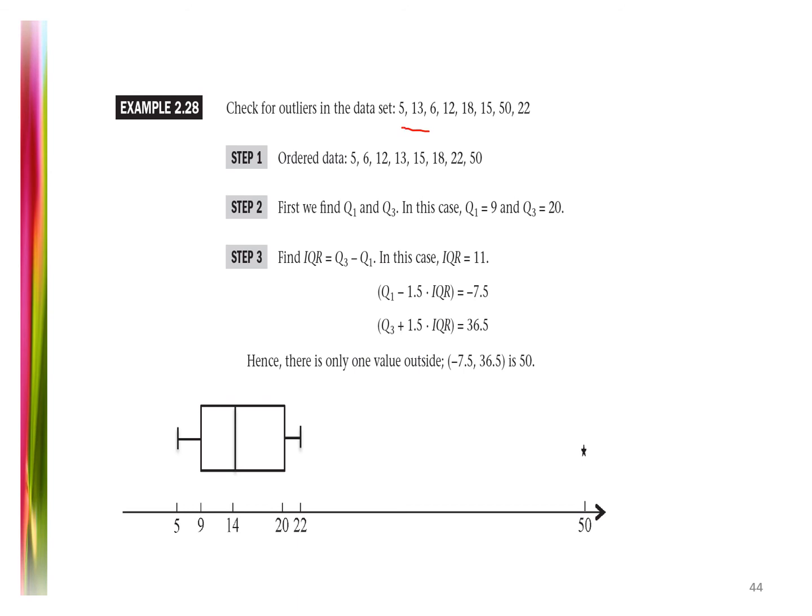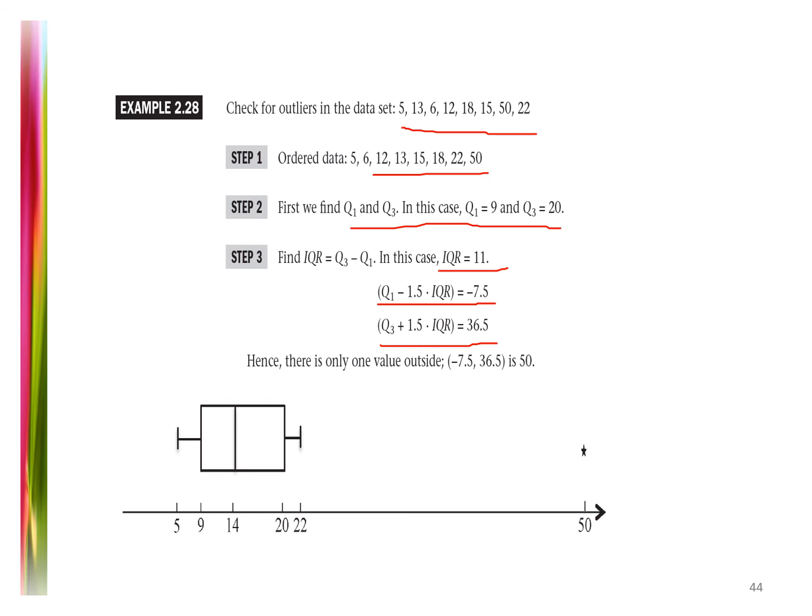In this next case, this is our data. First we have to rearrange the data and calculate Q1, Q2, Q3. I think this calculation is already done. Also calculate the IQR, interquartile range, and the lower fence and upper fence.